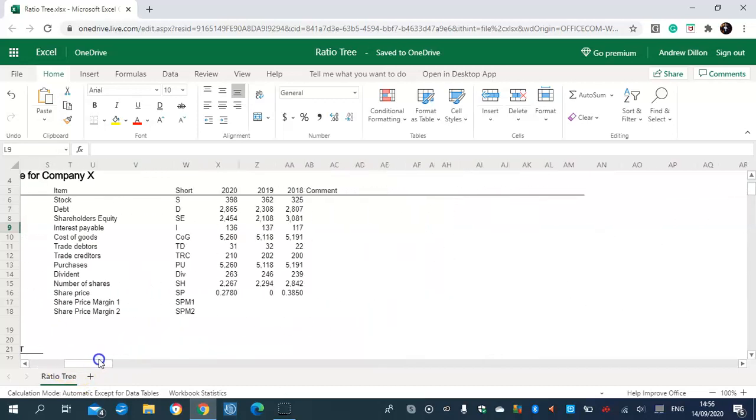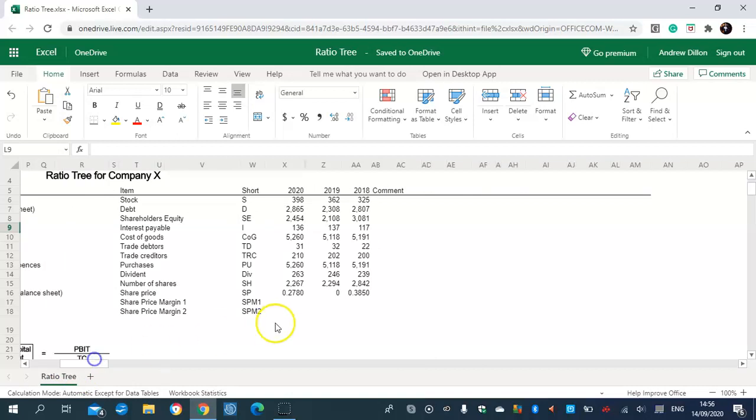Okay, let's move on to the next part. I have to calculate the share price margins 1 and number 2 for 2018, 19 and 2020.